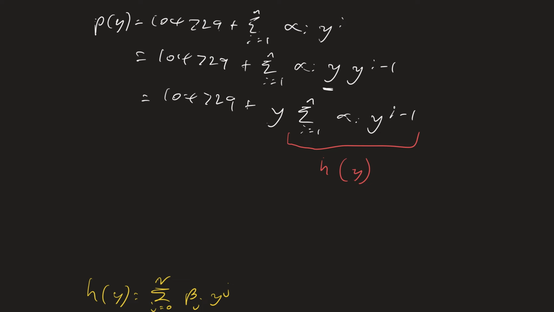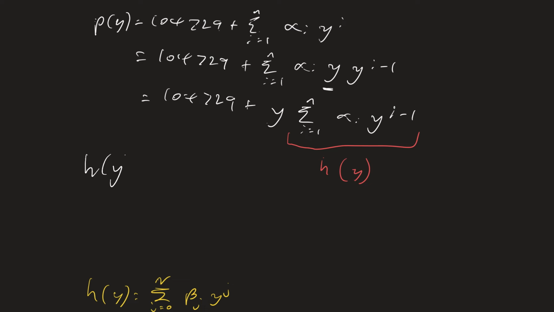We are not quite there because here the sum goes from 0 to some number, whereas here the sum goes from 1 to some number. And here we've got y to the j, and here we've got y to the i minus 1. The minus 1 makes it different from this. But with a little bit of manipulation, we can show that this is equivalent to this.